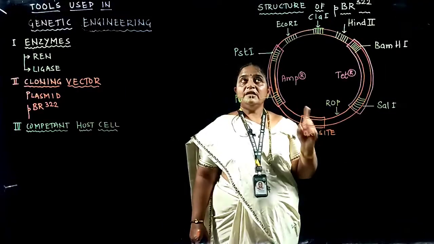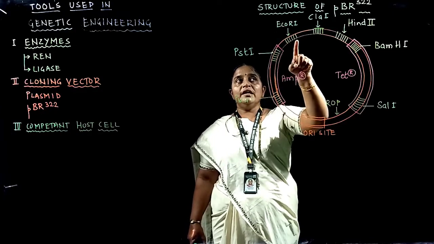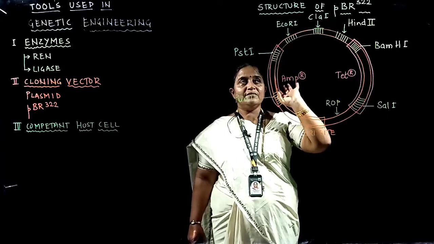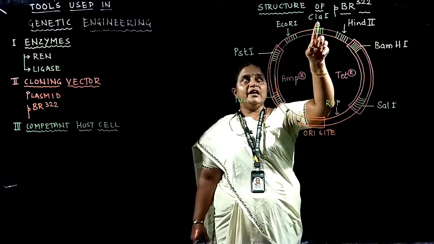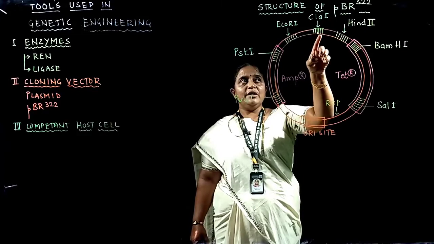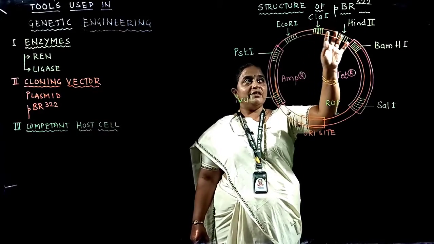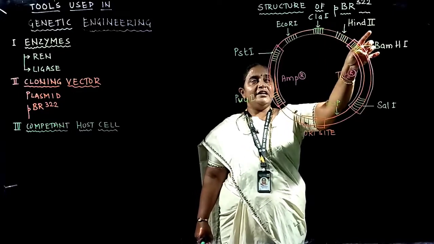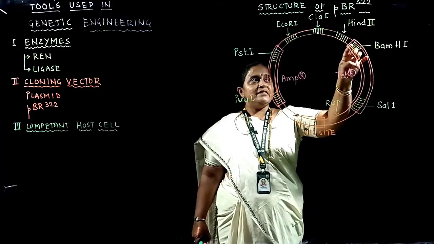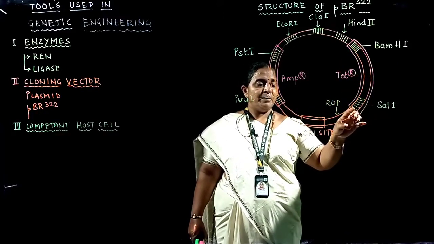So here either we can use the REN EcoRI to cleave the vector in this region so that we can insert the gene of interest, or we can use ClaI, the name of a REN, to cleave DNA in this area for inserting the gene of interest, or HindII is recognizing this palindrome, BamHI is recognizing this palindrome, SalI recognizing this palindrome.